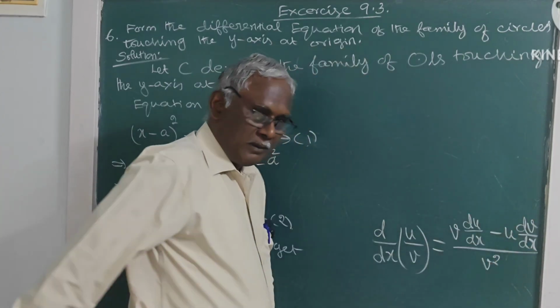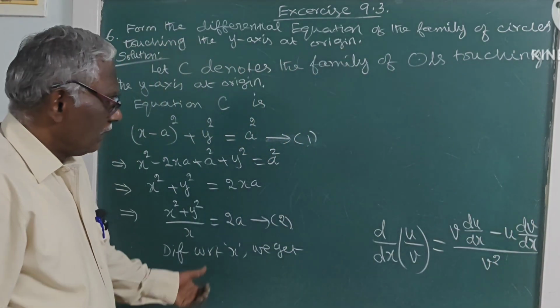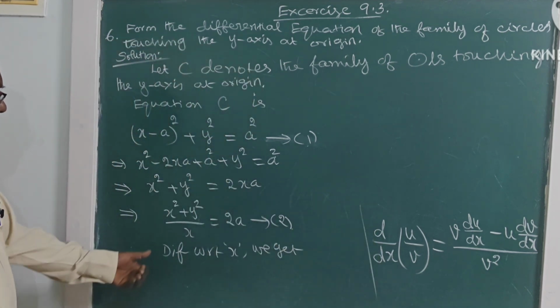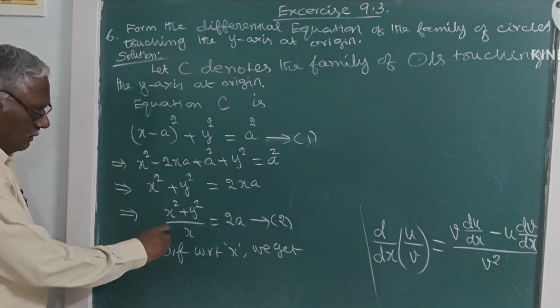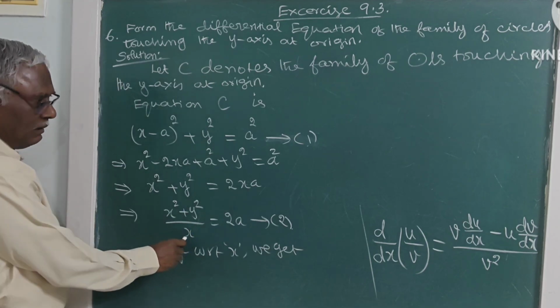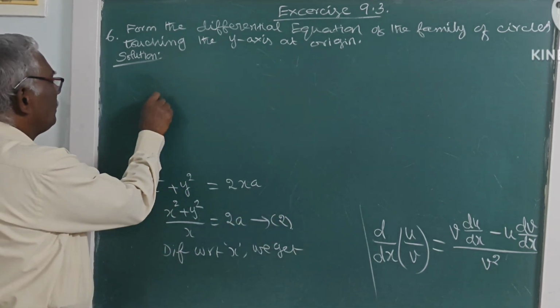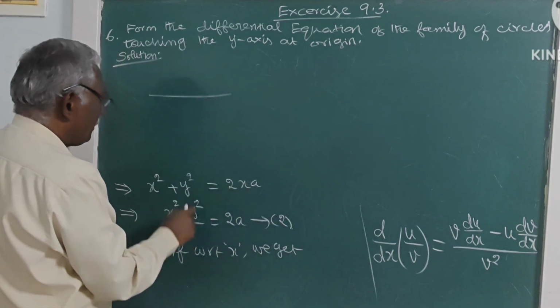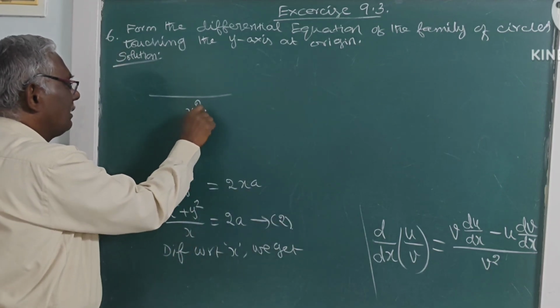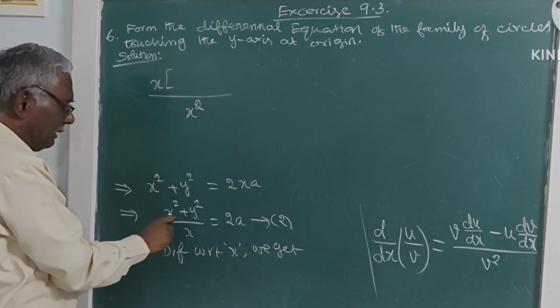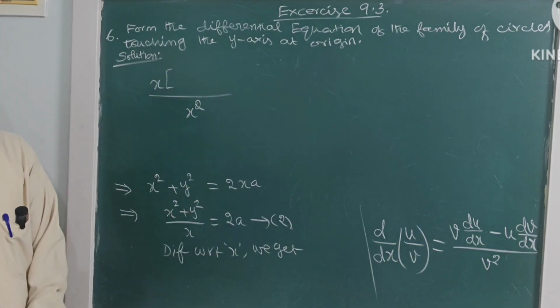So this we have to remember to do differentiation. So differentiate with respect to x we get, here in place of v we have x, therefore v square, so x square, then we are writing v, that is x. Now we have to differentiate the numerator.